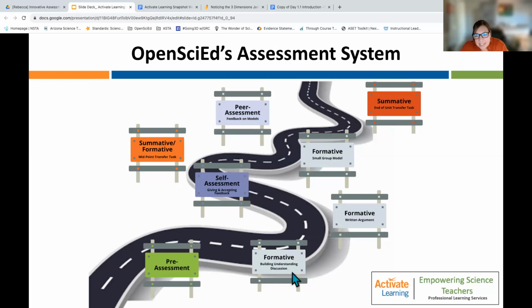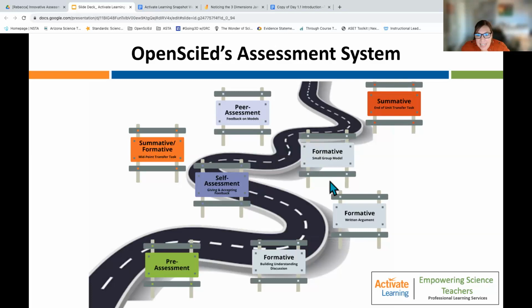Then there are 3 different types of assessments that are spread throughout the unit. So we've got formative, we've got self-assessments, and we have peer assessments, right? So giving and accepting feedback is already built into this system. These inform the next steps as students incrementally build ideas and allow students an opportunity to reflect on both their own and their classroom communities' learning and growth. So not only how am I doing, but how are we doing?